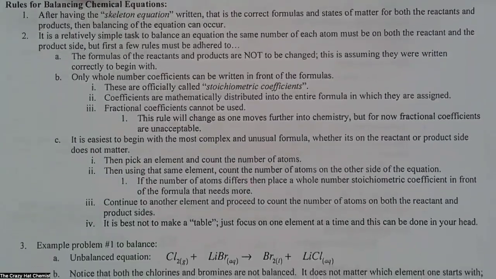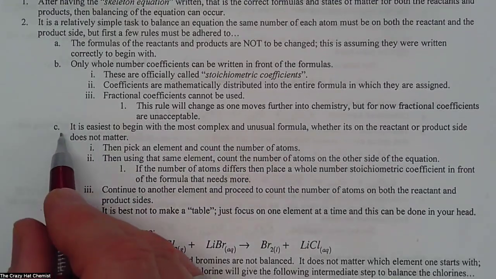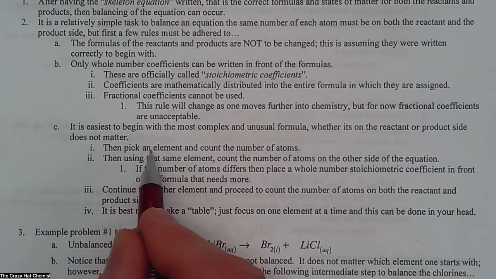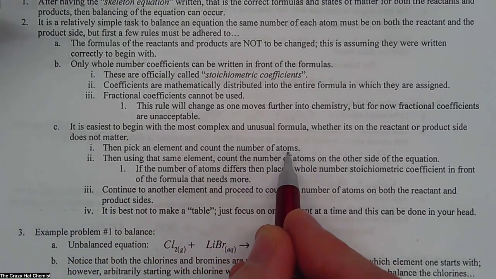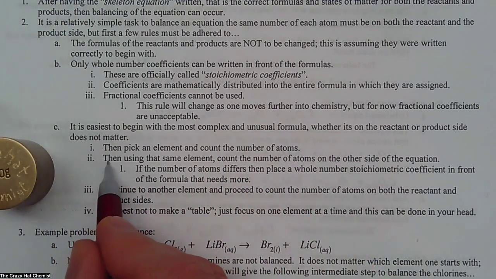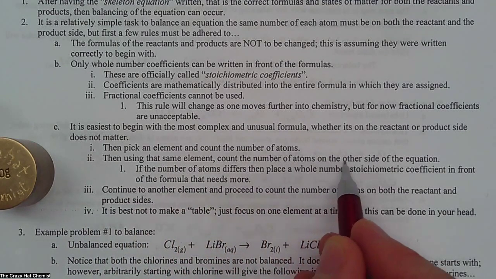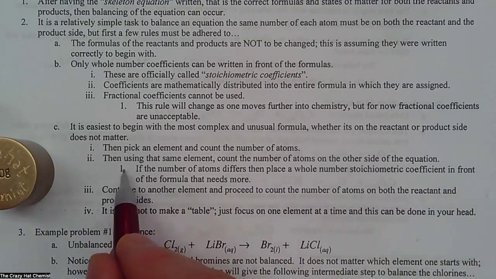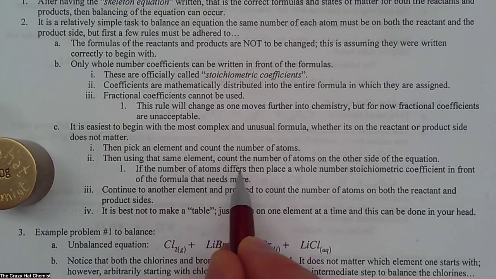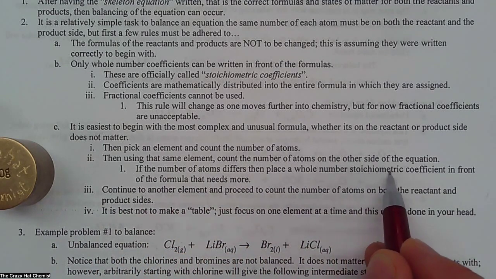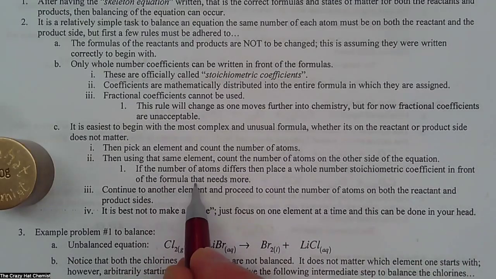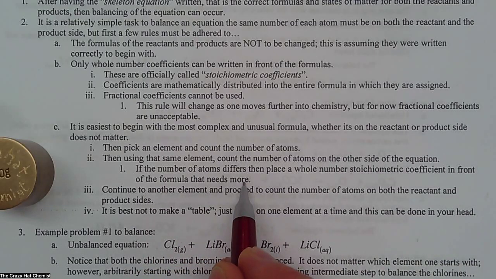Let's scroll this on up just a little bit here. I, then pick an element and count the number of atoms. II, then, using that same element, count the number of atoms on the other side of the equation. Number one, if the number of atoms differs, then place a whole number stoichiometric coefficient in front of the formula that needs more.